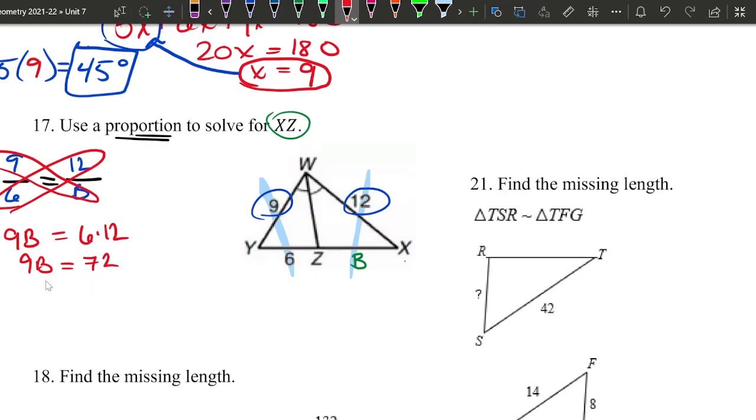And then I divide by 9. And b equals 8. And that is the missing side piece. Length of xz, which equals xz. So xz equals 8.